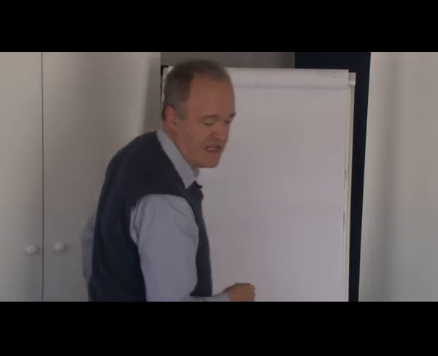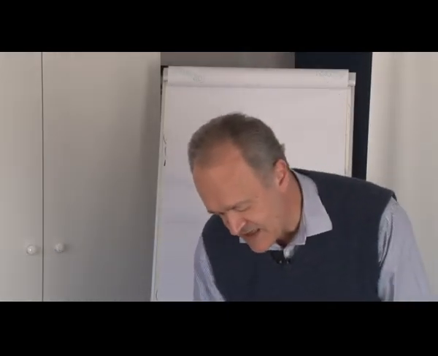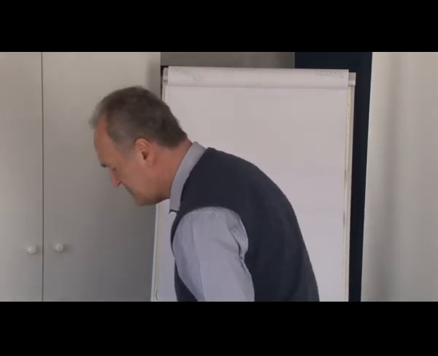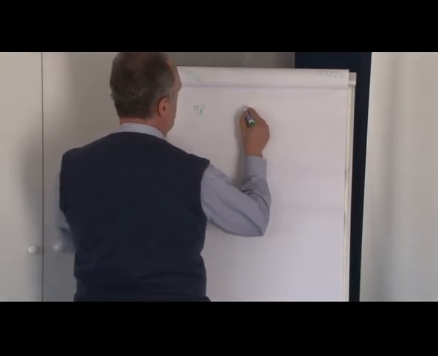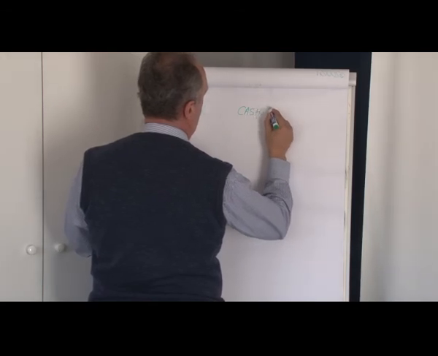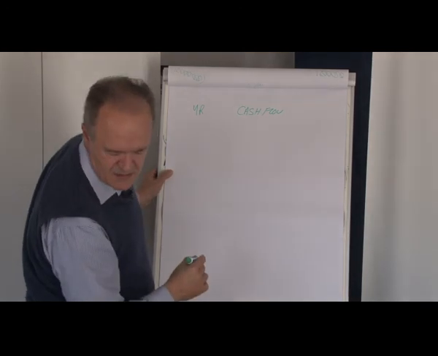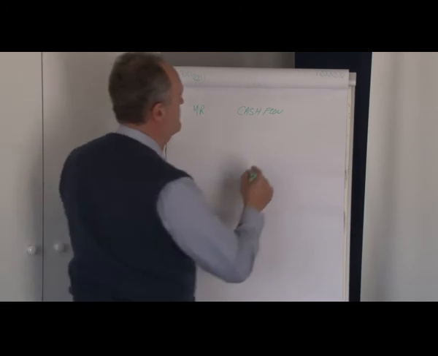Now, to determine the net present value, which is the next part of the question, you need three columns: year, cash flow, and present value.